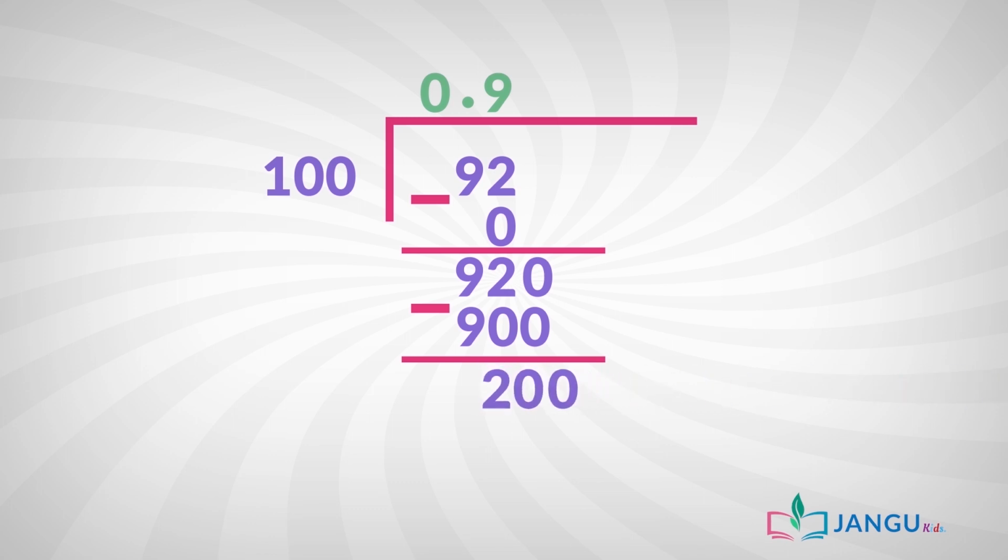We add 0 to 20, making it 200. 200 divided by 100 gives us a perfect figure of 2. We write 2 on top beside 9. Then we multiply 2 by 100. This gives us 200. We subtract 200 from 200 and we get 0 as our answer. We're done.